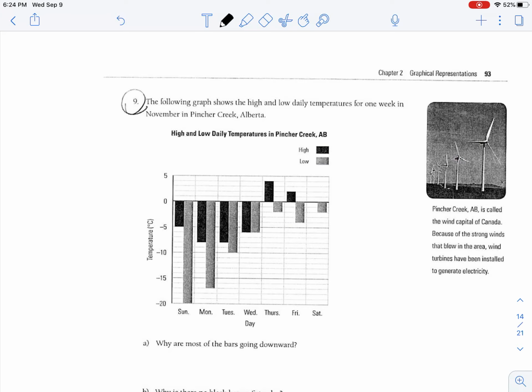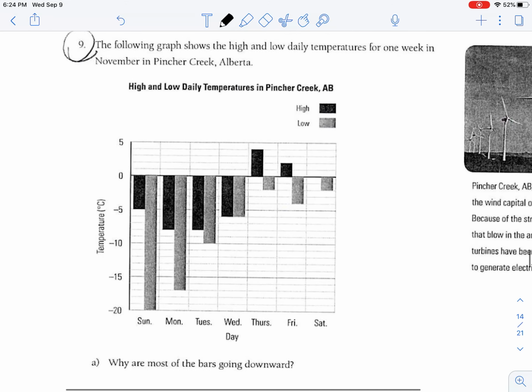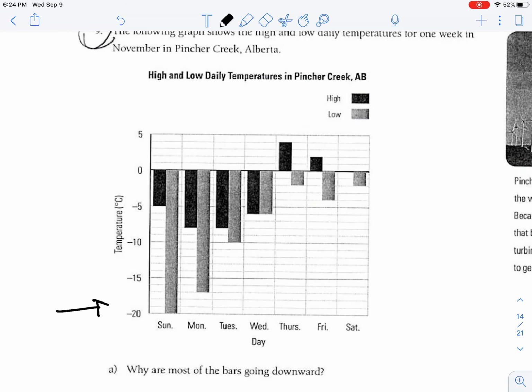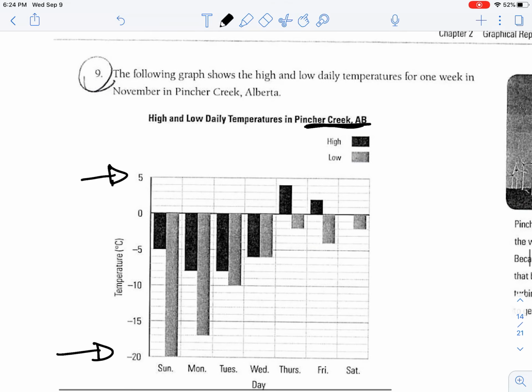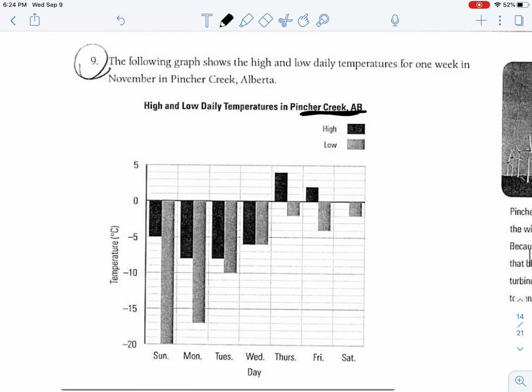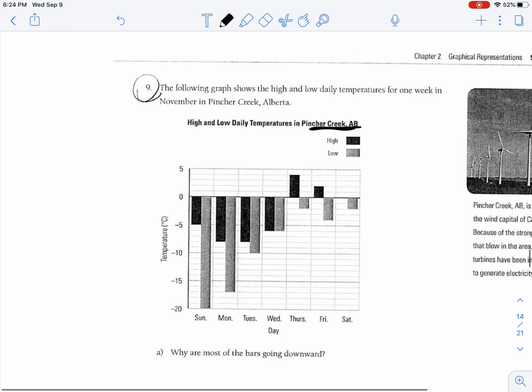The following graph shows the high and low daily temperatures for 1 week in November in Pincher Creek, Alberta. This one's kind of cool because you have negative values and positive values. It's kind of sad that I see only 2 visible ones in the positive temperatures, which makes you kind of want to cry, but that's okay.